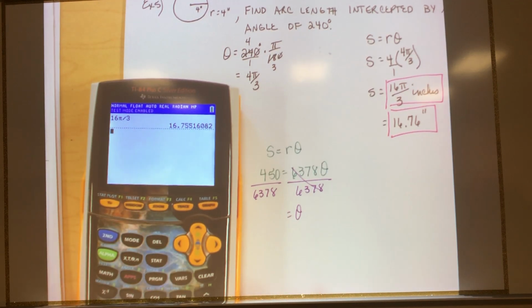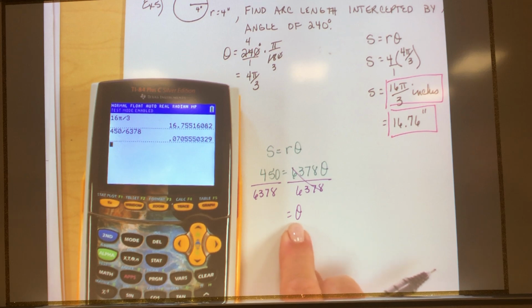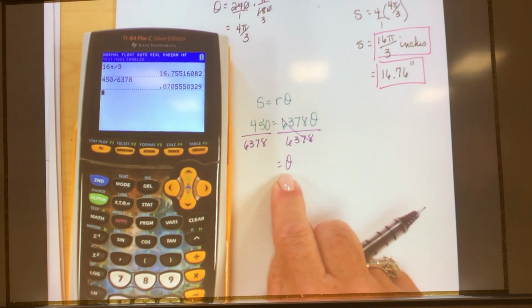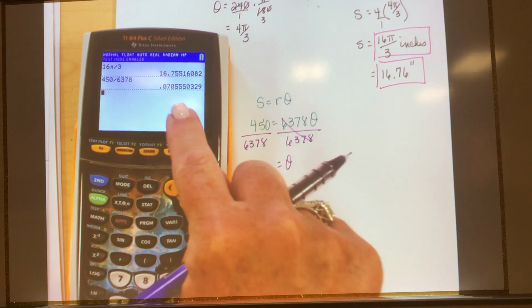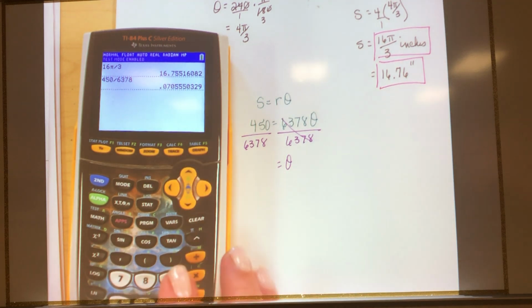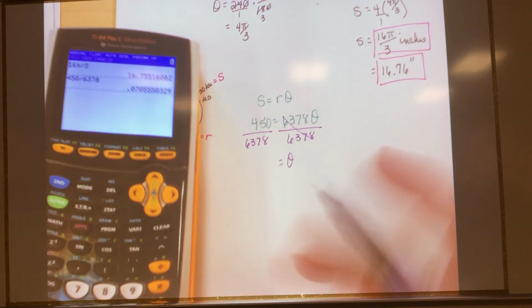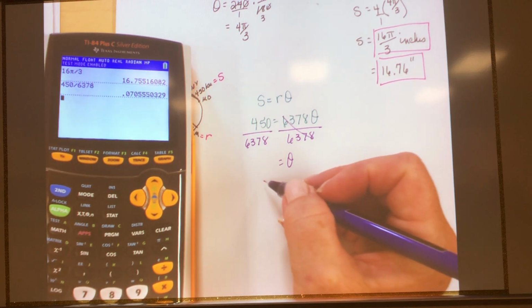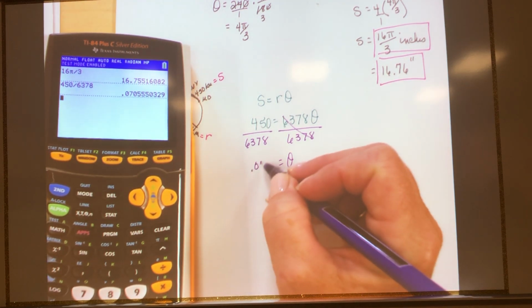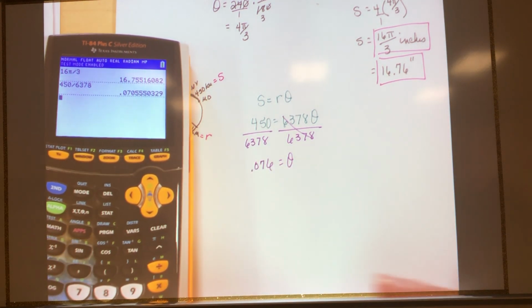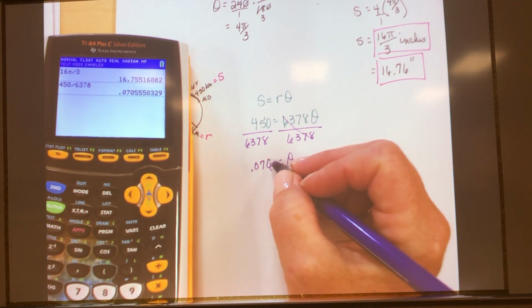I'm going to say 450 divided by 6378. And there is my theta, 0.070555032. You know it keeps going forever and ever, all right? So I'm gonna write it as 0.0706.